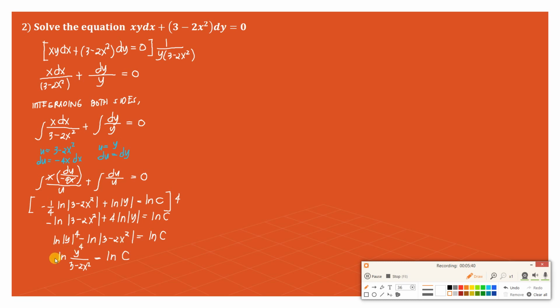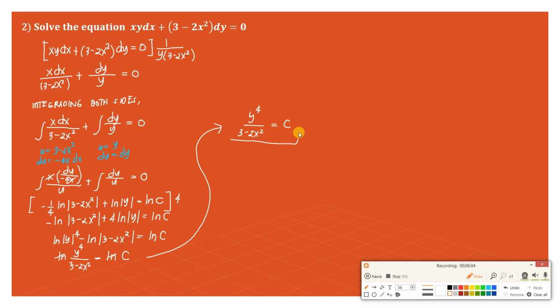That's why naglagay tayo ng ln of c. Sa c pala, naglagay tayo ng natural logarithm, no, para magkaroon ng cancellation. So, ang matitira na lang ay y raised to 4 over 3 minus 2x squared equals to c.